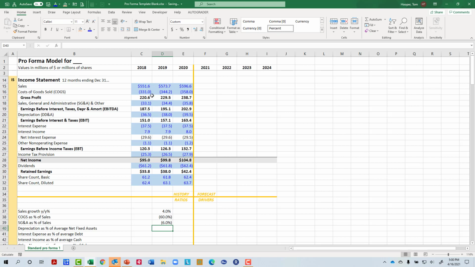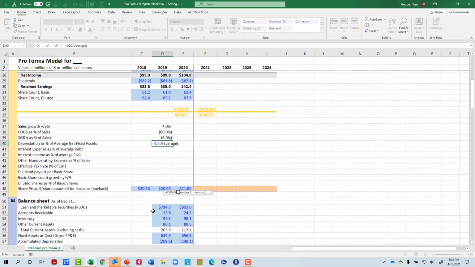Now we're going to do a balance sheet ratio, so we're going to have to take the average of something. So we're going to take the depreciation up here, divide that by the average balance sheet item from last year, which represents the beginning of this year, and this year, which represents the end of this year. The average of the two will represent what the value was across the year.